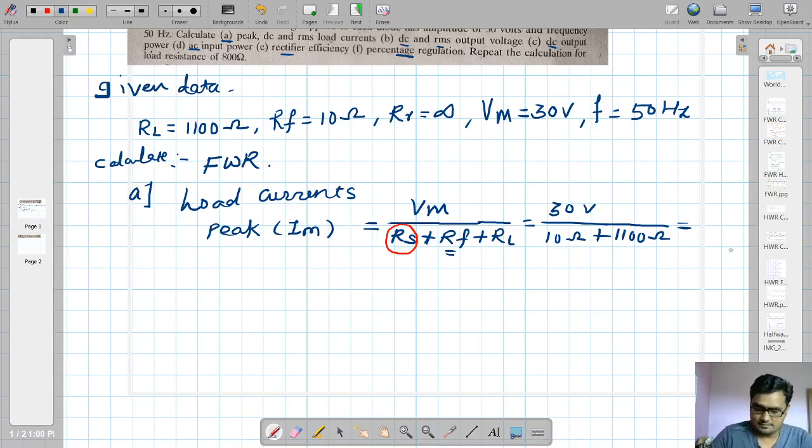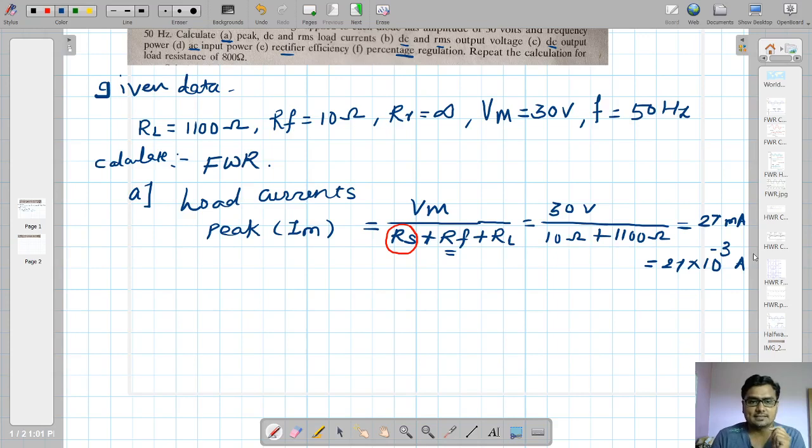It is 27 milliamperes. Milliamperes means I am getting the answer 27 multiplied by 10 raised to minus 3 amperes. Milli means 10 raised to minus 3. That is the first parameter I have calculated from number A.